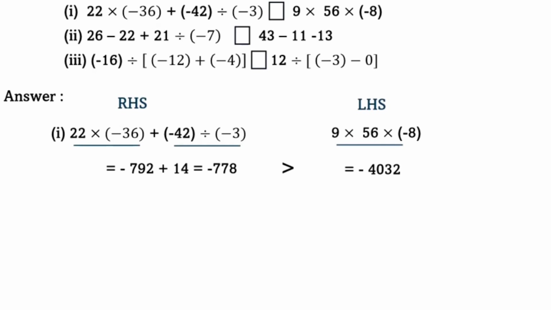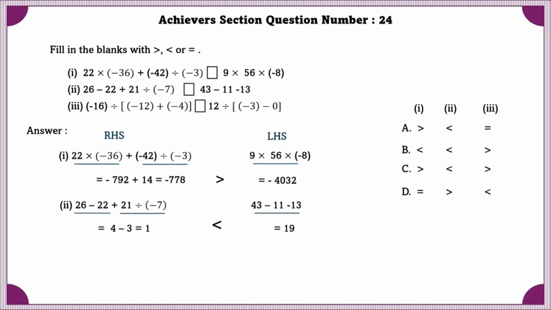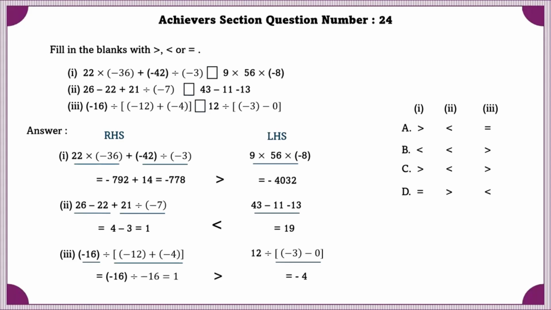Minus 778 is greater than minus 4032. Second one, simplifying, we'll get 1. And similarly, LHS will get 19. 1 is less than 19. Similarly, for 3, minus 1 is greater than minus 4. So the correct option is the C option.